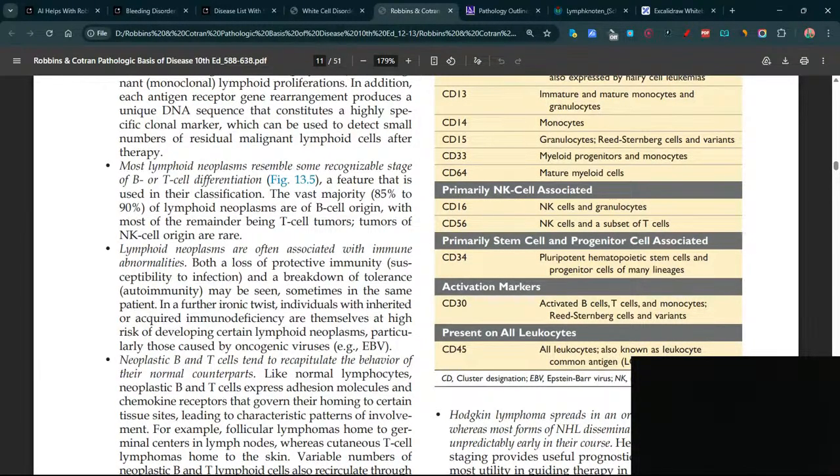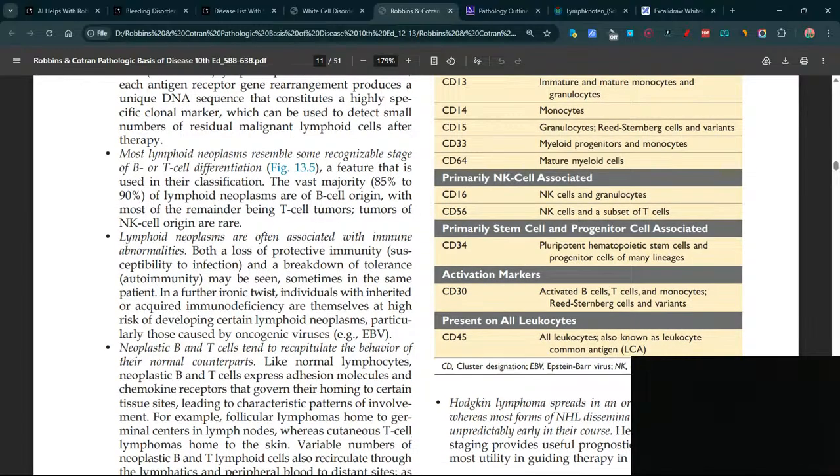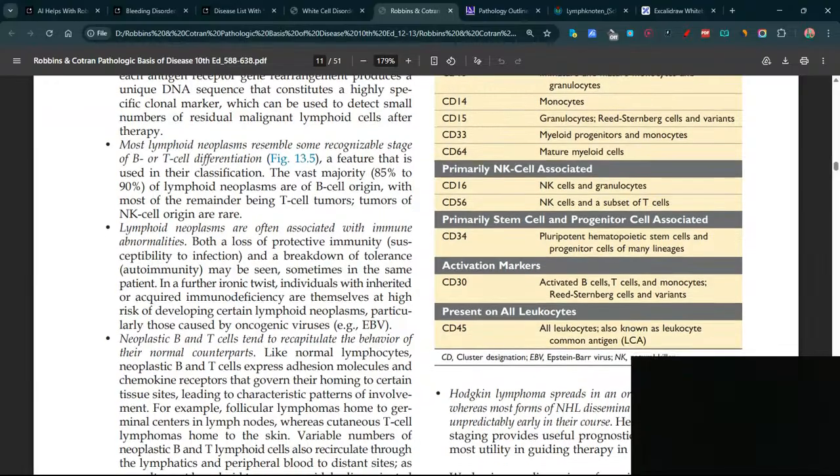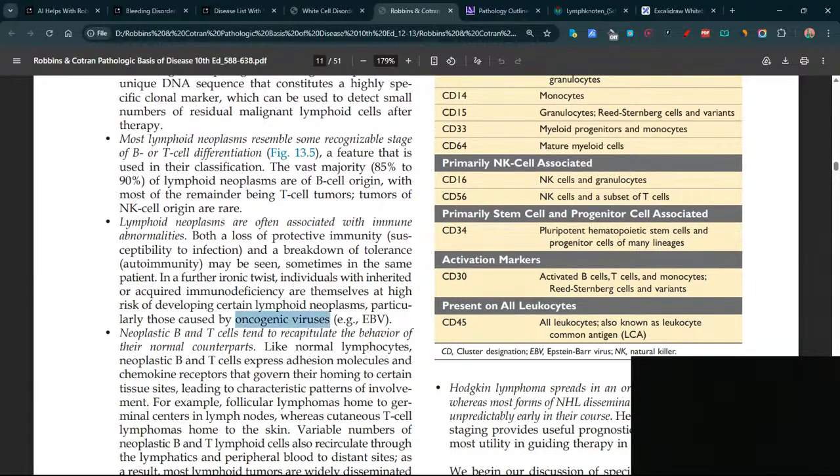Lymphoid neoplasms are often associated with immune abnormalities: a loss of protective immunity, susceptibility to infection, and breakdown of tolerance. Autoimmunity may be seen sometimes in the same patient. In a further ironic twist, individuals with inherited or acquired immunodeficiency are themselves at high risk of developing certain lymphoid neoplasms, particularly those caused by oncogenic viruses (EBV).